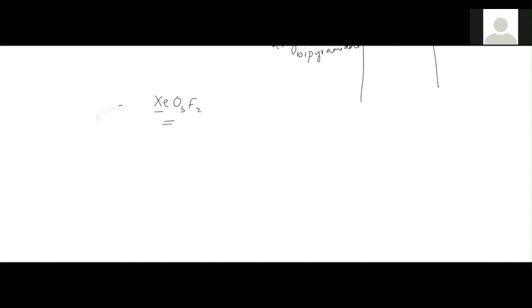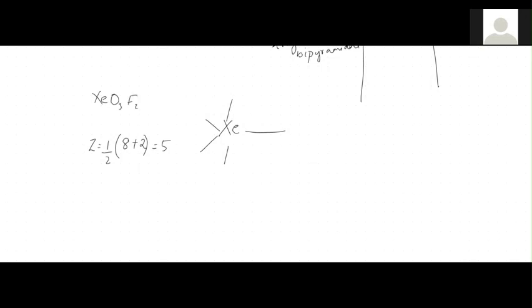For xenon, the Z value is what? Half of the valence electrons is 8, plus there is no positive or negative charge, but there are 2 monovalent atoms. So this is 5, so Z is equal to 5. So it is trigonal planar, with one above and one below. In this case, where will you place the oxygen and where will you place the fluorine atom?